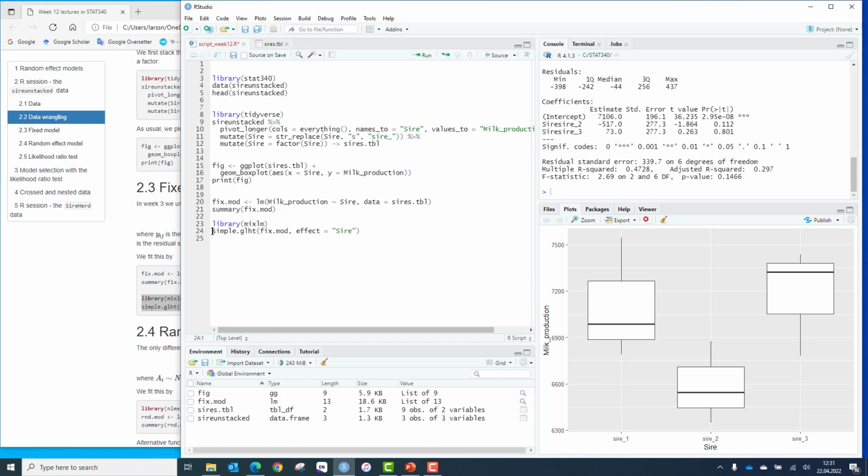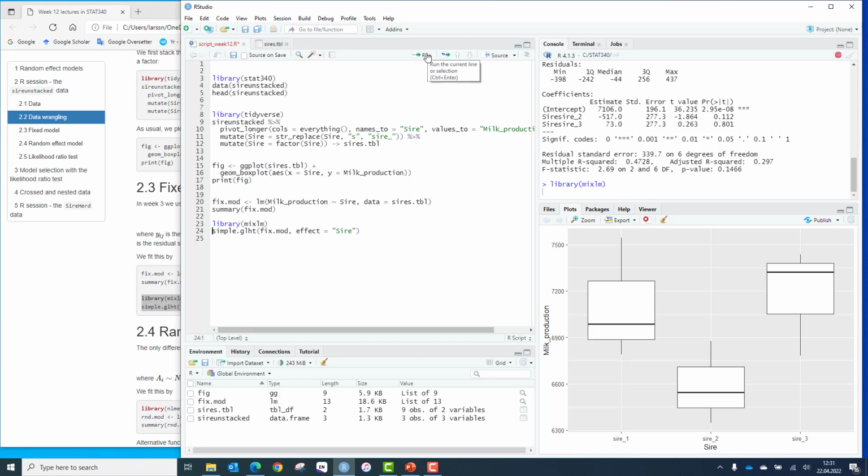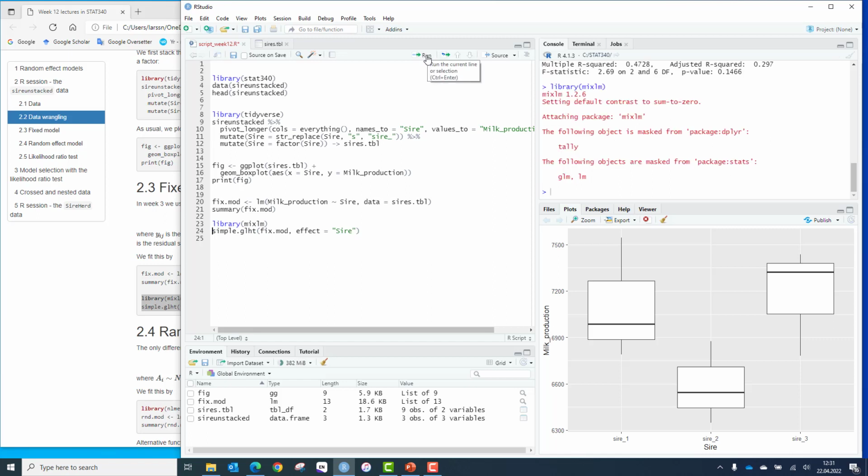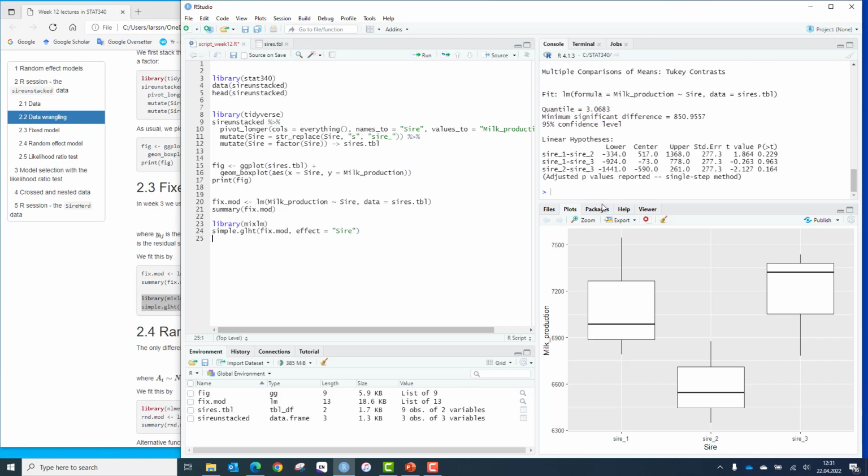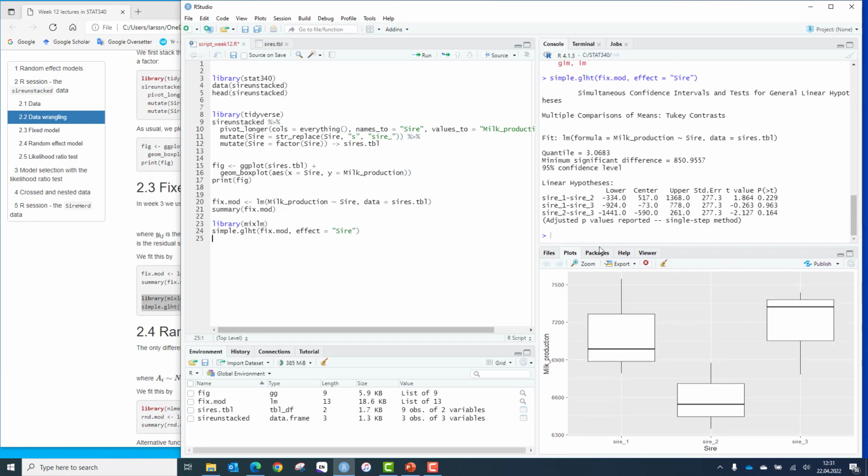And we did this earlier by pairwise comparisons. Let me just repeat what we did in week 3. So we used the mixlm package and the function called simple.glht. If I run this one, we will get this output that you may remember from earlier, where we compare all the pairs. Sire 1 to sire 2, not significantly different.